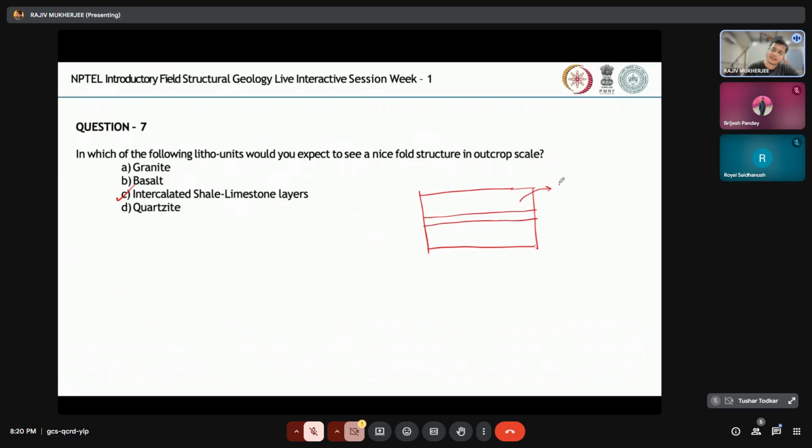So if there is a material A and there is a material B, the relative strength between the layers A and B will govern the localization of deformation.